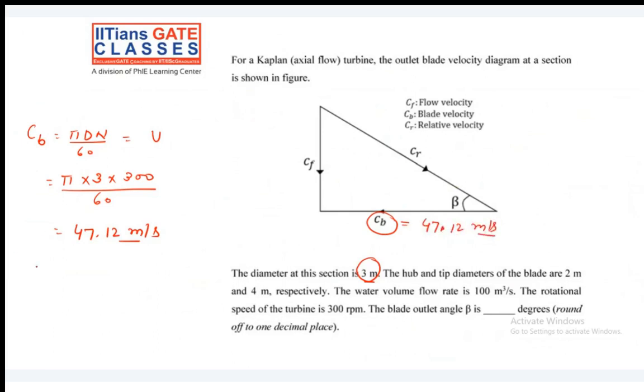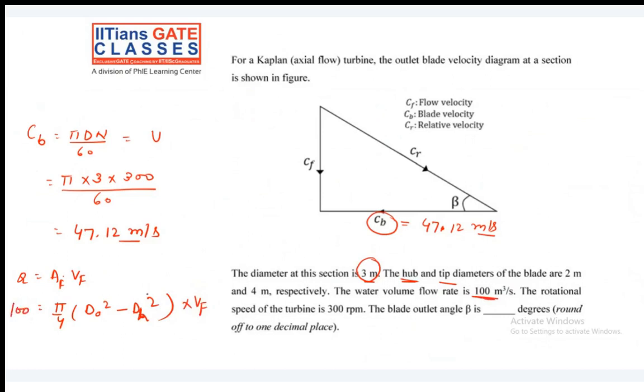Do we remember the Q value in the Kaplan turbine? We denoted that this was nothing but area into velocity of flow. And what was this area of the flow? AF was pi by 4 into Do square, meaning outer tip diameter square, minus diameter of the hub whole square, into VF. Q value is anyway given to us directly as 100 meter cube per second.